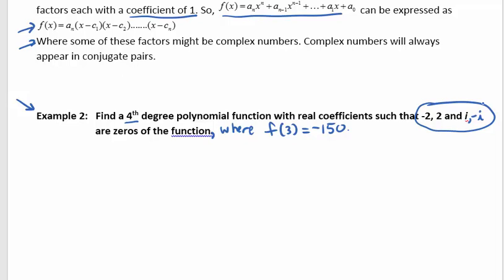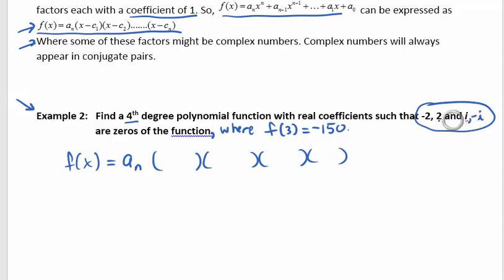Now we're ready to use the linear factorization theorem to set this up. So let's see. This is what we want right here. We want to set up kind of a generic form of that. So we know that my function f of x is going to equal some constant out front, and you can call that a sub n if you want to, or any other constant out front, times now these 4 factors, which are based on our 4 roots or zeros up here.